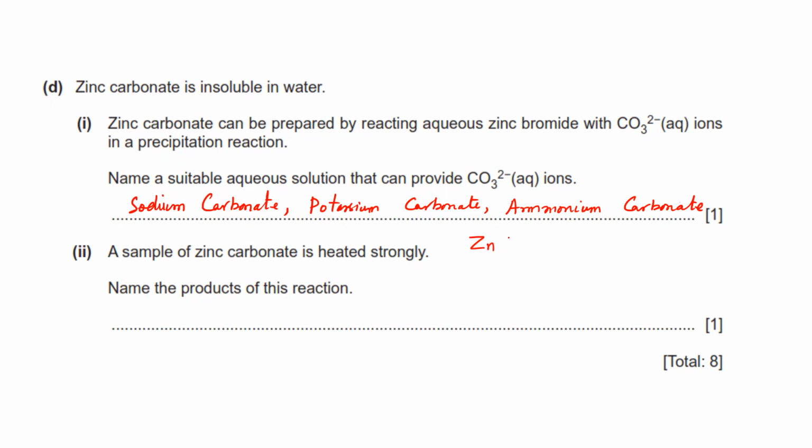So zinc carbonate, ZnCO3, if you heat it, becomes zinc oxide plus CO2. Yes, that's the balanced equation. So it will be zinc oxide and carbon dioxide gas.